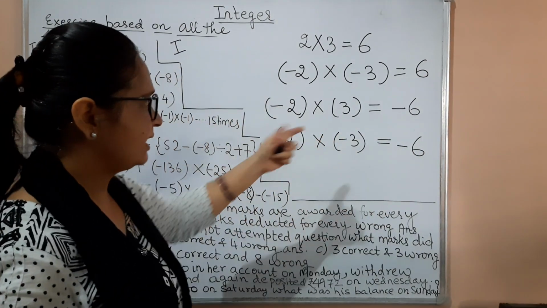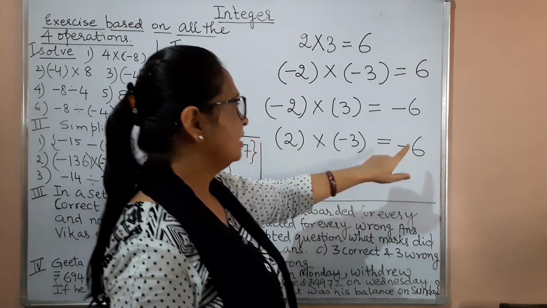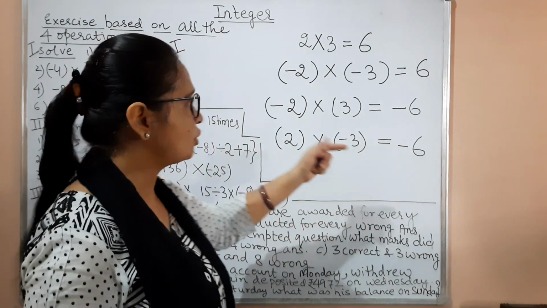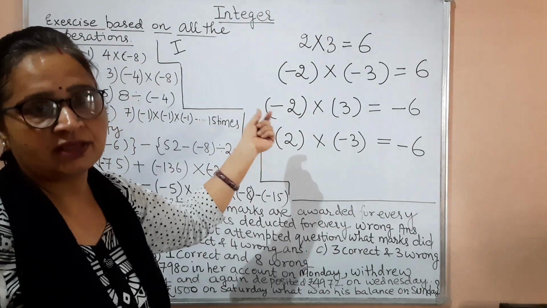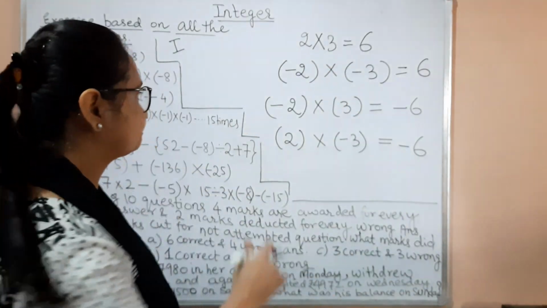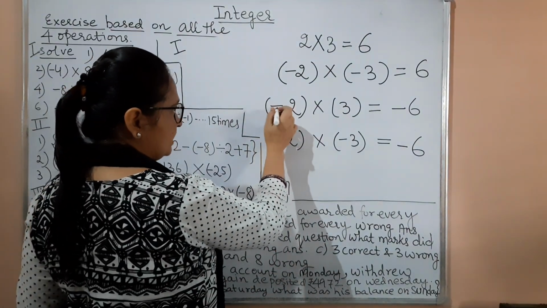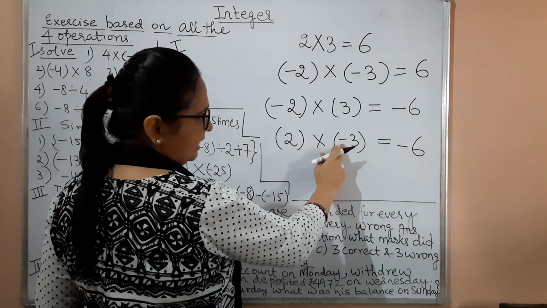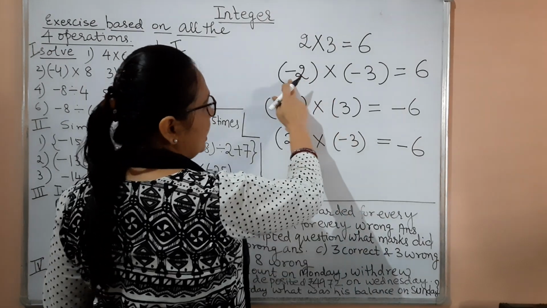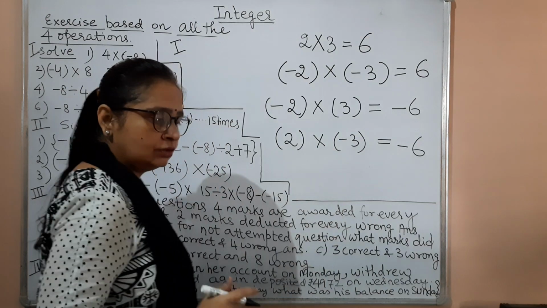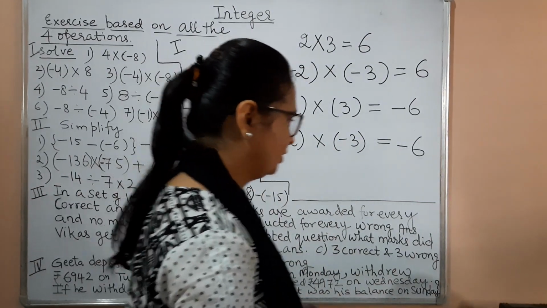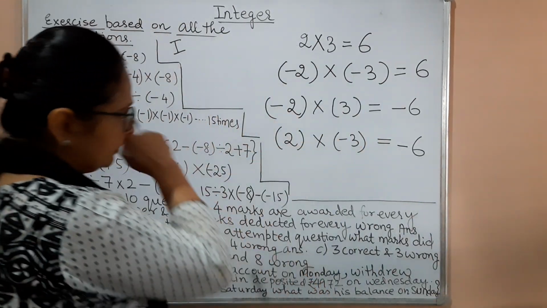Then we decide the sign of the result, and the sign depends on how many negative signs there are in the product. We have one negative sign in this product. In the other we have two negative signs, so the answer becomes positive. So we have to understand this.